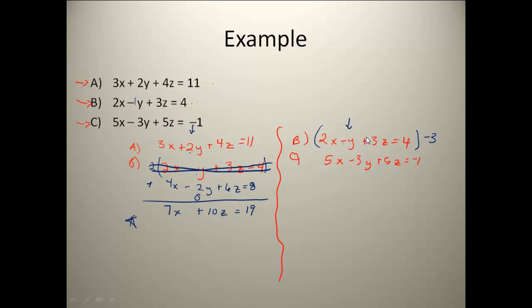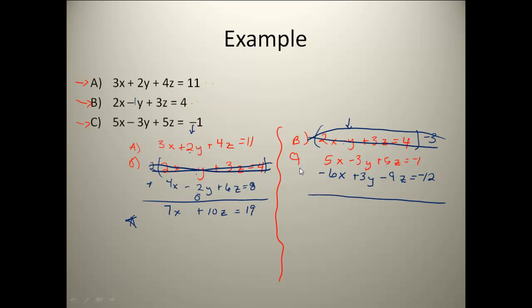If I multiply by -3, it's going to turn that into a plus sign. I'm going to rewrite this equation underneath my C equation. So when I distribute that -3, I would have -6x plus 3y minus 9z equals -12. So I've rewritten that equation there.